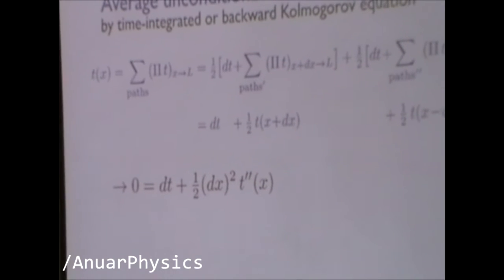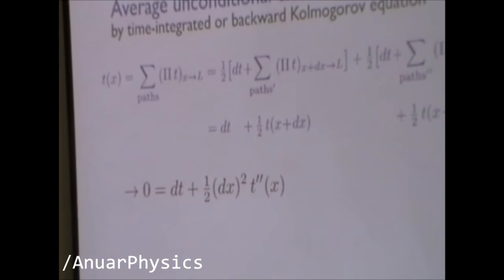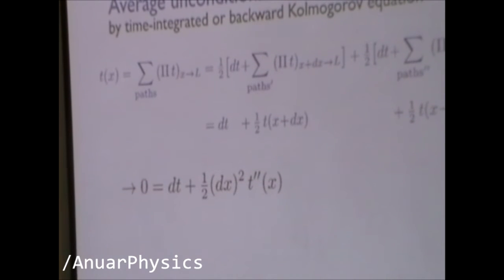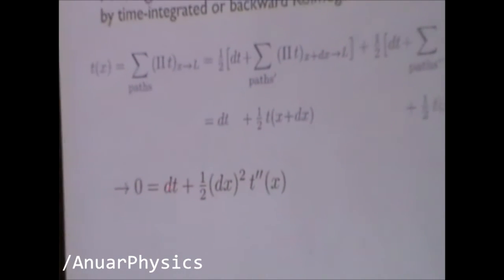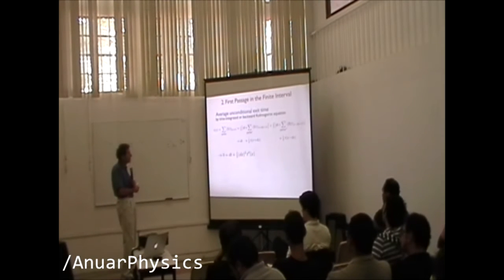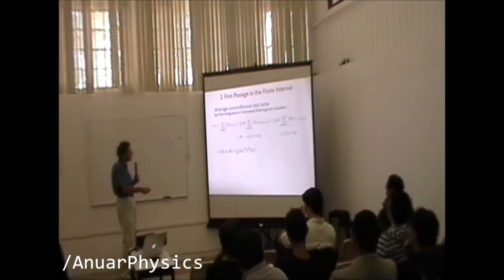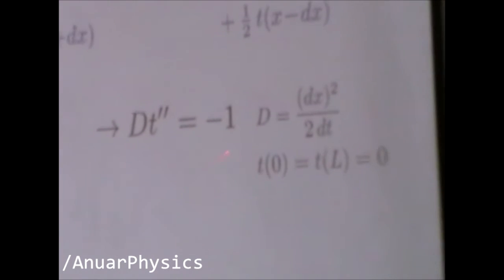I have to take that limit in a very specific way so that the ratio dx squared over dt is finite. And in fact, dx squared over 2 dt defines the diffusion coefficient when I take the discrete equation and go to the continuous limit. So basically the equation is diffusion coefficient times T double prime equals -1. So here we are with the equation we have to solve.